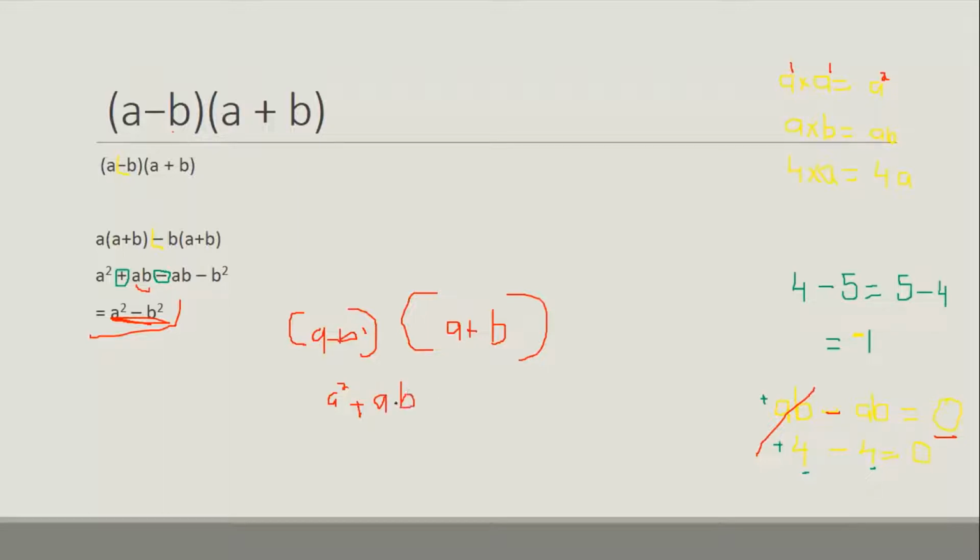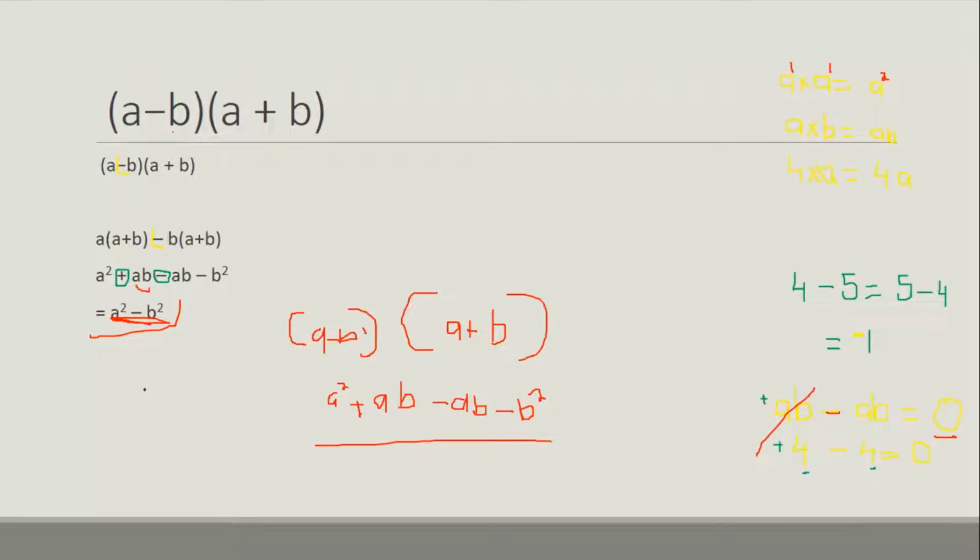Please excuse my handwriting. Then negative b times a gives you minus ab. Remember, you just add the sign next to it, and then negative b times b gives you negative b squared. So you see, what we have here is what we had here: a squared plus ab minus ab minus b squared, which will take you back into this.